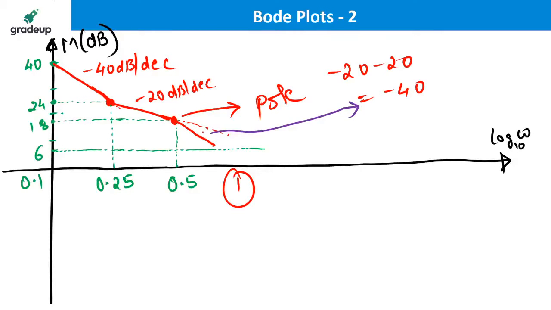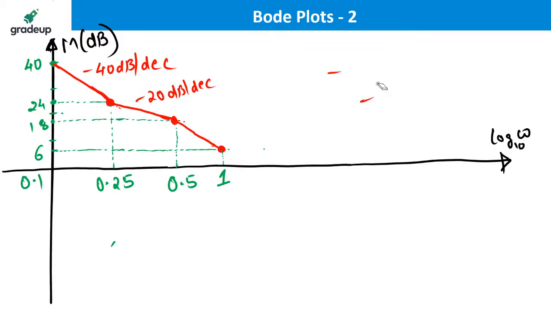So this line which I was sketching will go till 6 decibel at omega equal to 1. This is omega equal to 1. And the slope of this line is minus 40 decibel per decade.